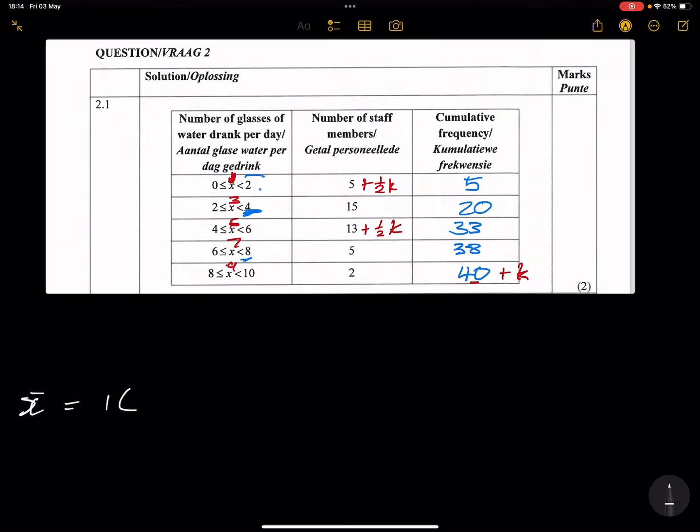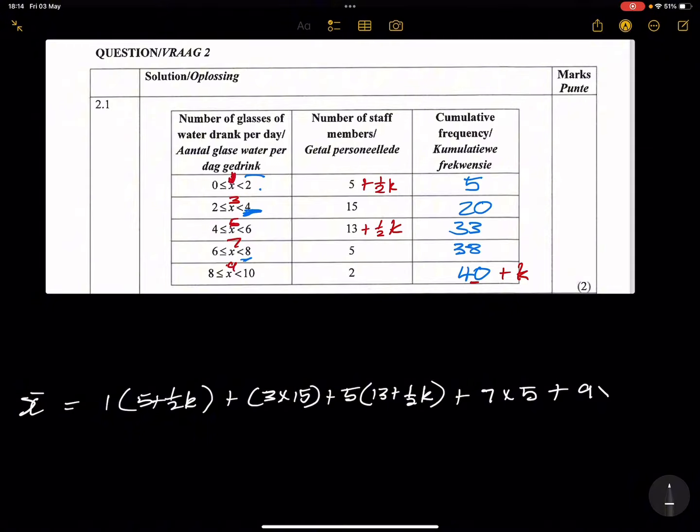So let's do it quickly. 1 times 5 plus 1 over 2k, plus 3 times 15, plus 5 times 13 plus 1 over 2k, plus 7 times 5, plus 9 times 2, and this is divided by 40 plus k, which is the total number that we had.